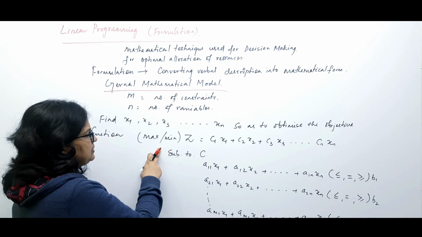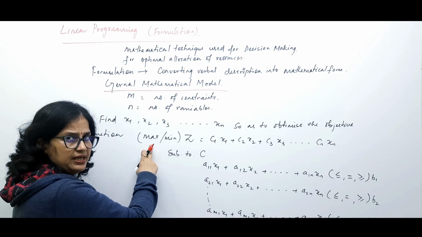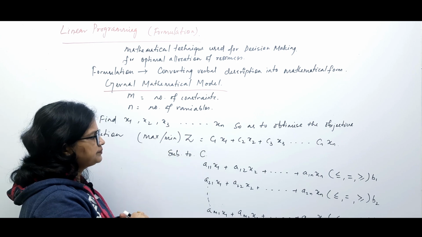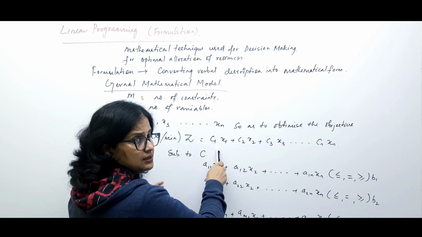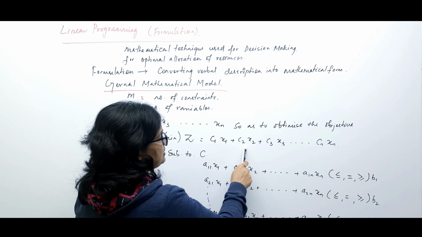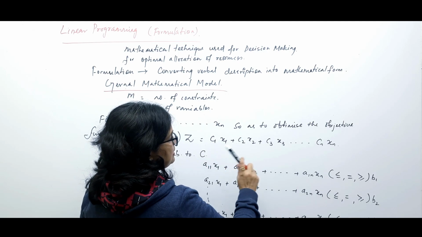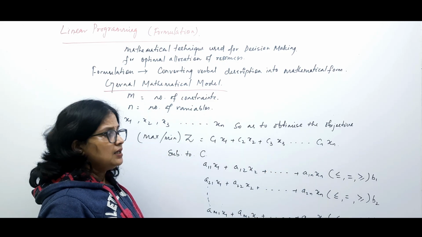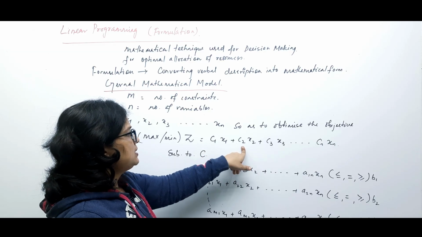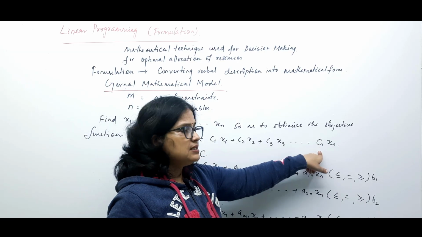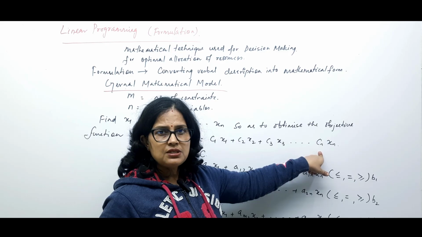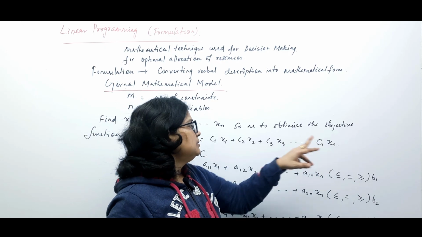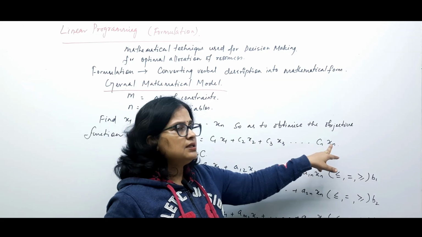So we need to write maximize Z or minimize Z equal to C1 x1 plus C2 x2 plus C3 x3 up to Cn xn. As we all know, C1, C2, C3, Cn are the costs associated with x1, x2, x3, xn.